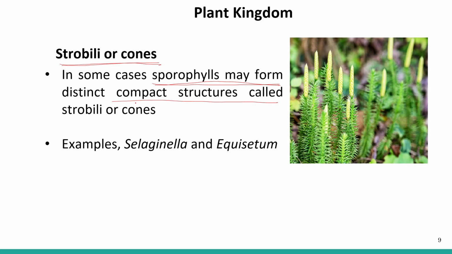All the sporophylls unite together and form a strobilus or cone-like structure. Examples of pteridophytes having strobili or cones are Selaginella and Equisetum. This is also very important from the examination point of view.